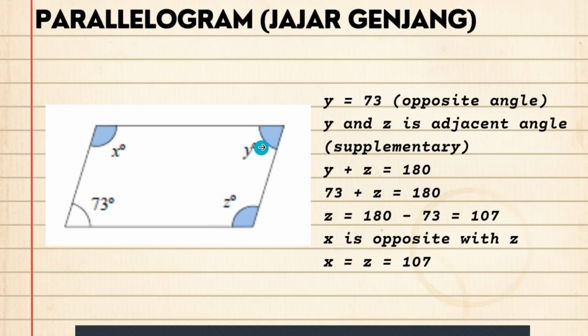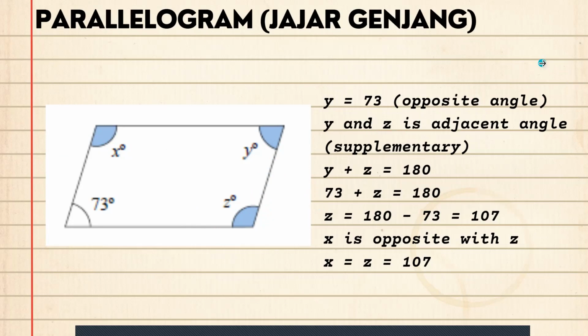So Y plus Z is 180. So 73 plus Z is 180. So Z is 180 minus 73, which is 107. Because X is opposite with this one, it is also 107.